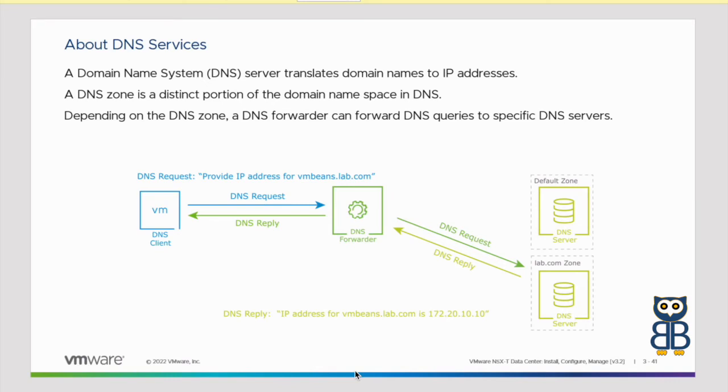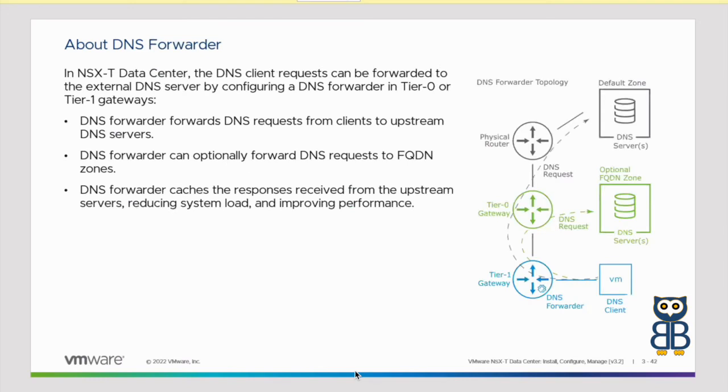So when we say DNS forwarder set up in NSX, what this basically does is take the DNS query from the client, and if it does not have that query resolution within the cache, it's going to forward that query to your DNS box.